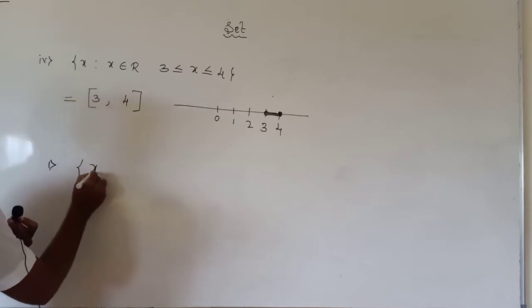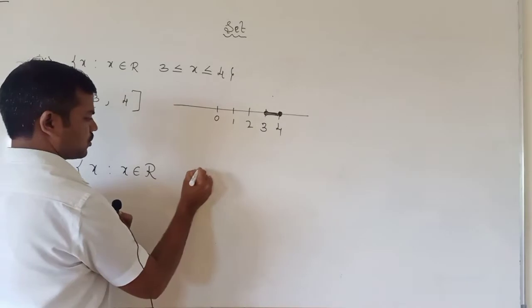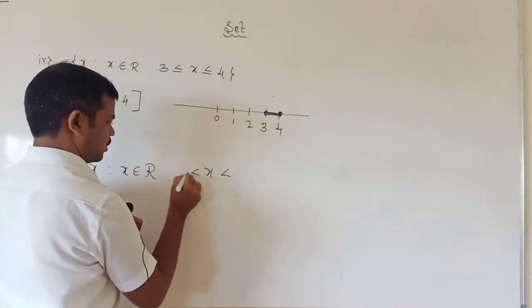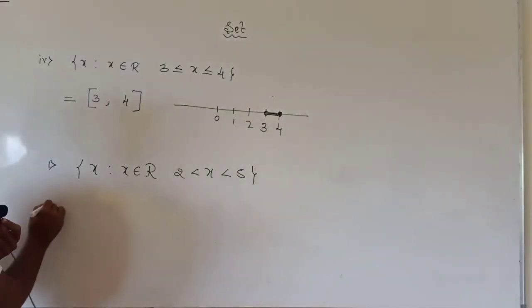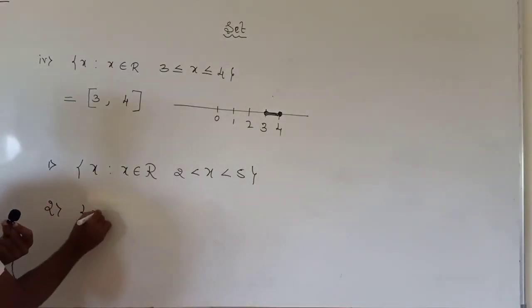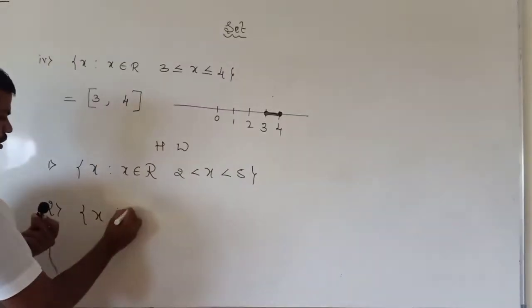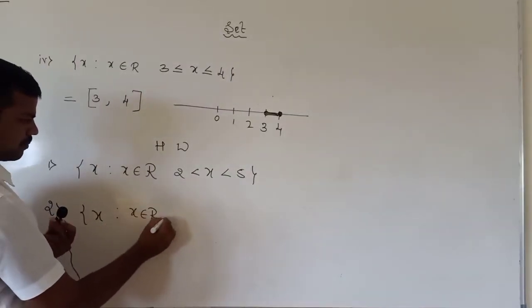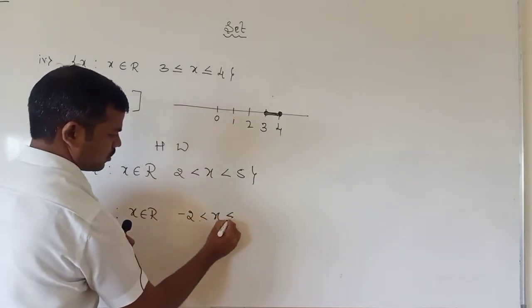A collection of x such that x belongs to the real numbers, x between 2 to 5. And the second example, that is homework for you, x belongs to the real numbers, minus 2 to 6.